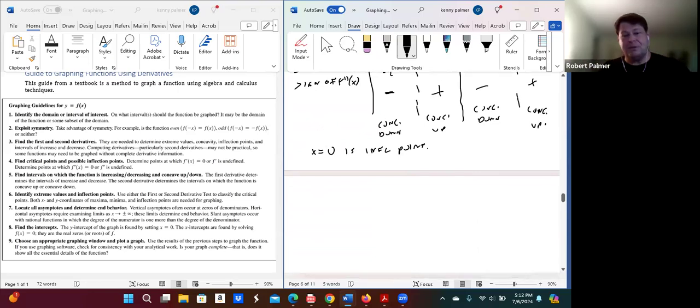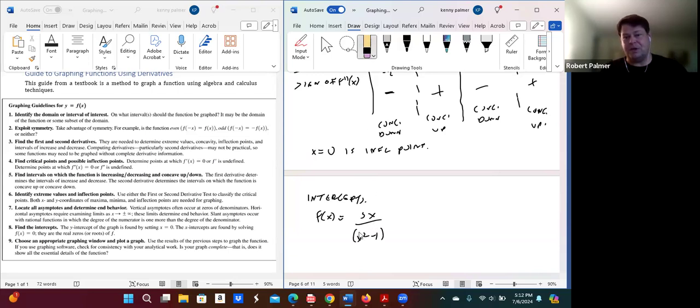Think about our intercepts. Of course, to find the intercepts you have to solve using our function. Let's look back at our function, 3x over x squared minus 1.